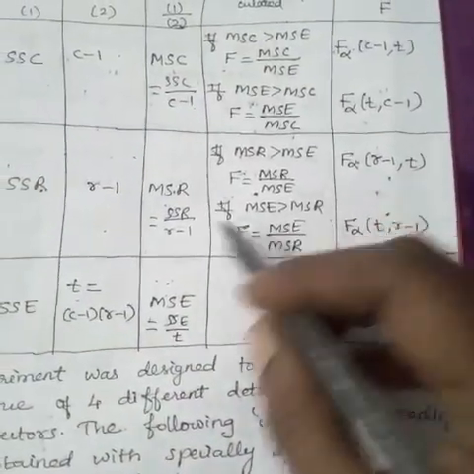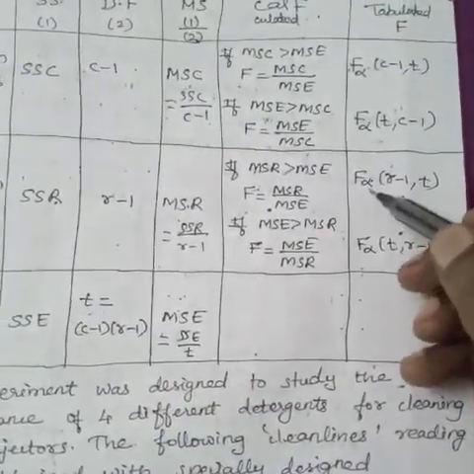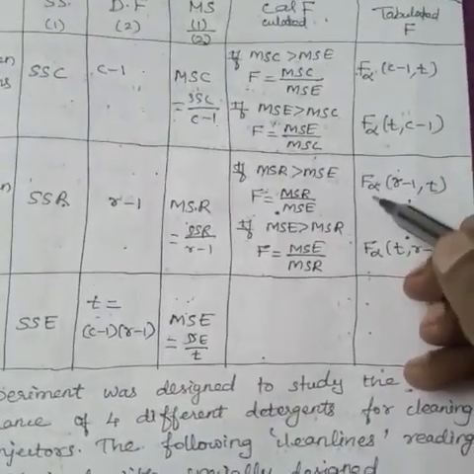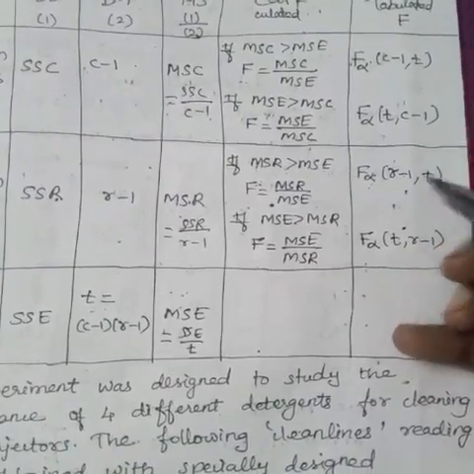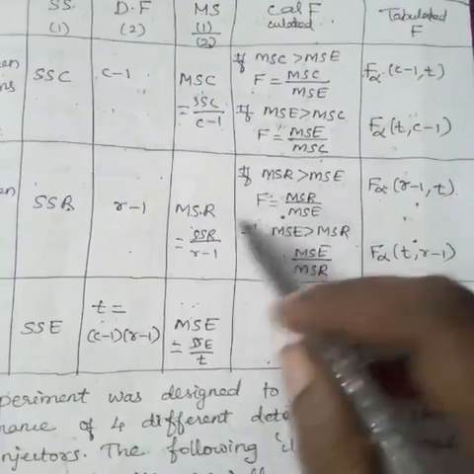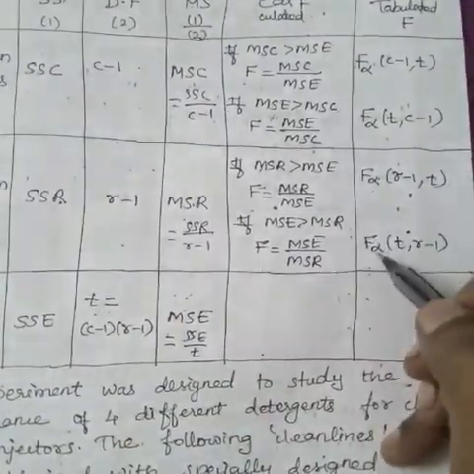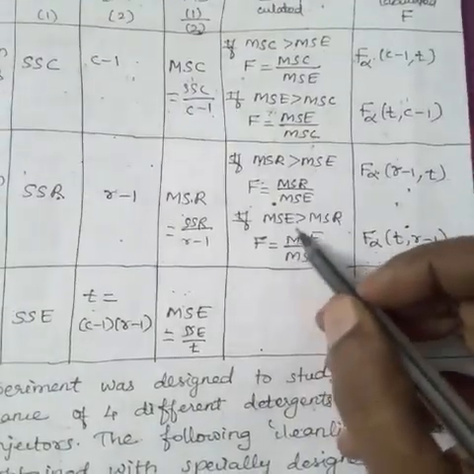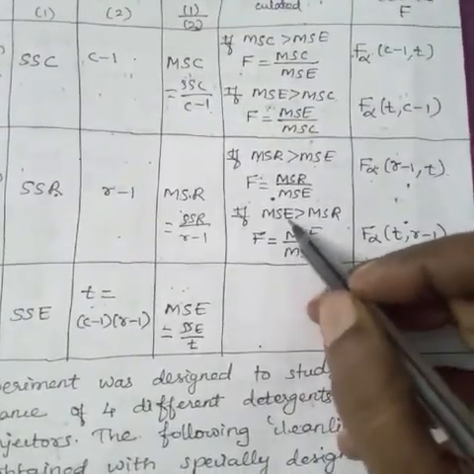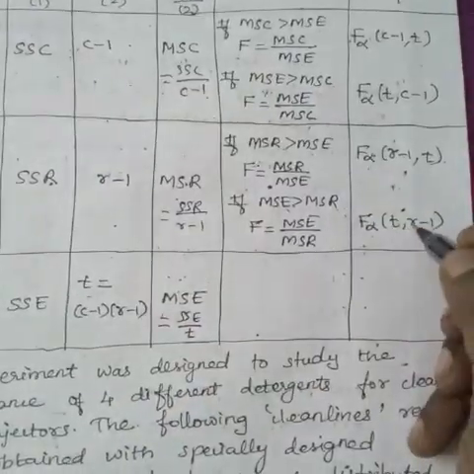The next, error comparison with the rows, MSR. Next F alpha, where alpha means level of significance. If MSR is greater than MSE, the degrees of freedom are R minus 1, comma T. For F alpha with MSE greater than MSR, it is MSE degrees of freedom T and MSR degrees of freedom R minus 1.